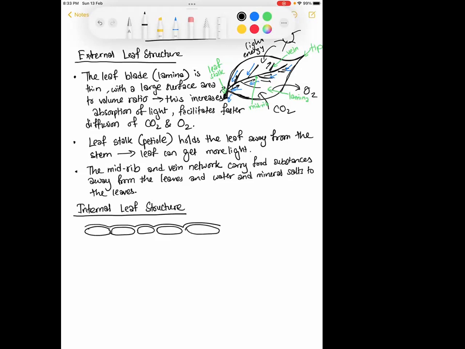So for example, the first one, this layer is called the upper epidermis. I'm going to label it later on. And then we have these longitudinal cells.